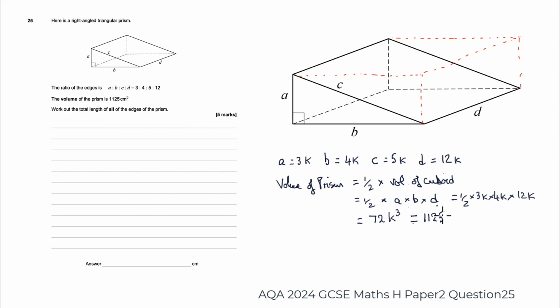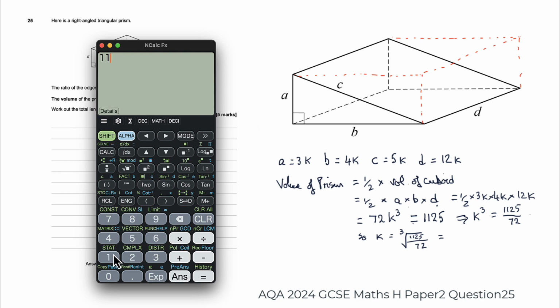That should be sufficient for us to work out what k is, because that would mean k cubed is equal to 1125, and we'll divide both sides of that by 72. So we can now finally say that k would be the cube root of 1125 divided by 72. Let's get the calculator onto that one.